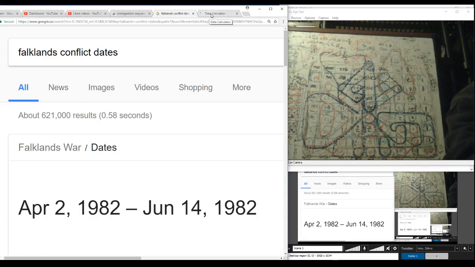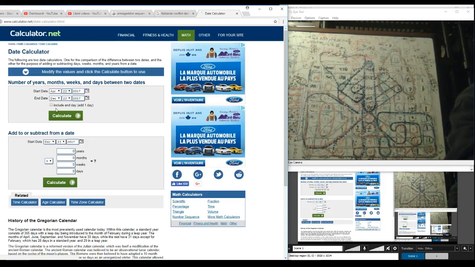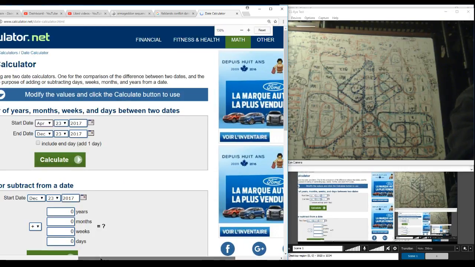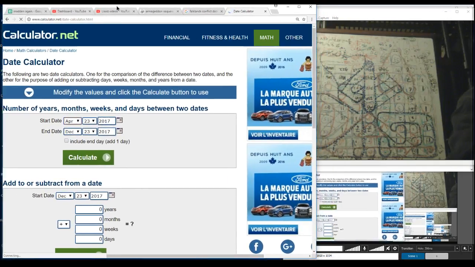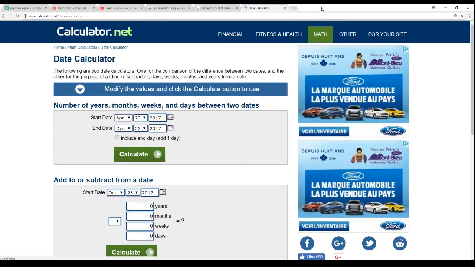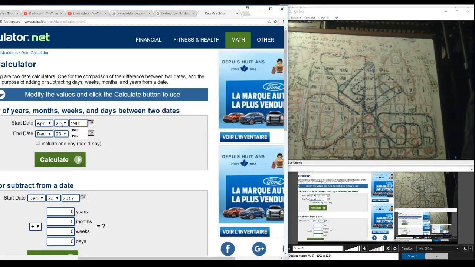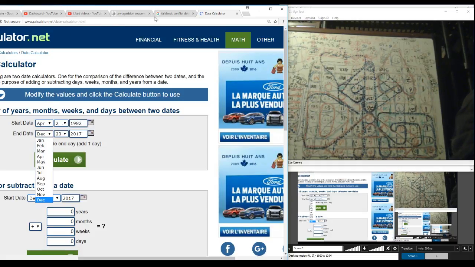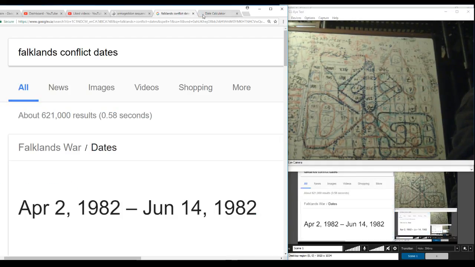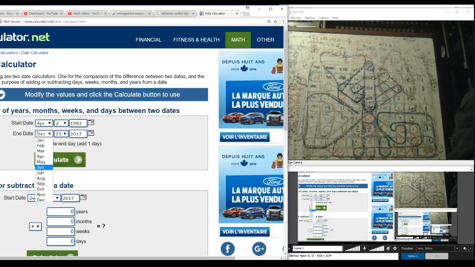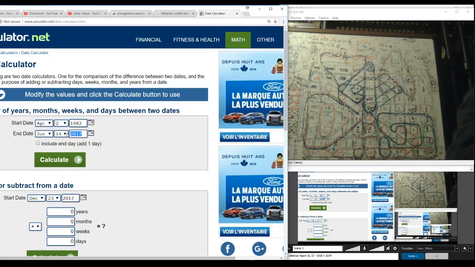April 2nd, 1982, so you guys can see. April 2nd, 1982 to what? June 14th, 1982.